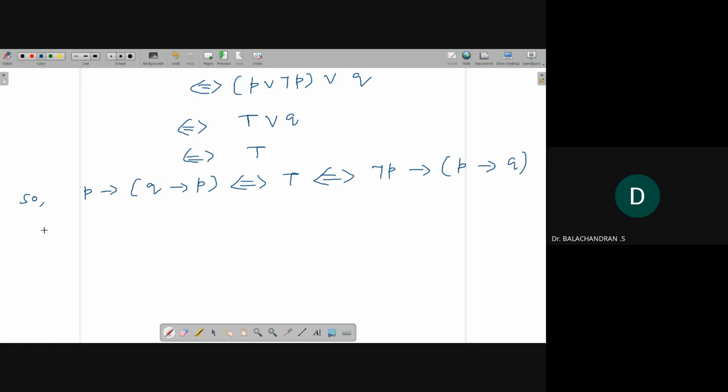So from this we have this is equivalent to this: P implies (Q implies P) is equivalent to negation P implies (P implies Q). Okay, so that's all. We'll move to the next problem.